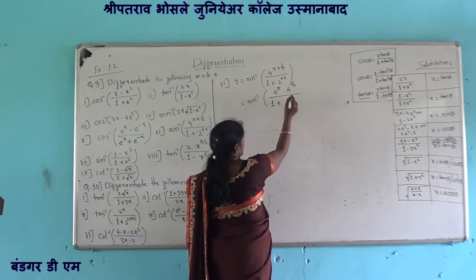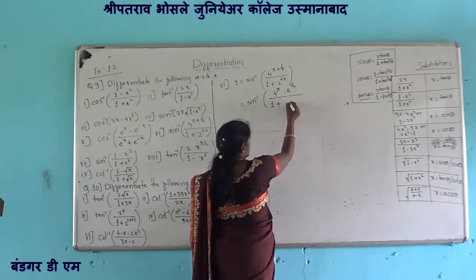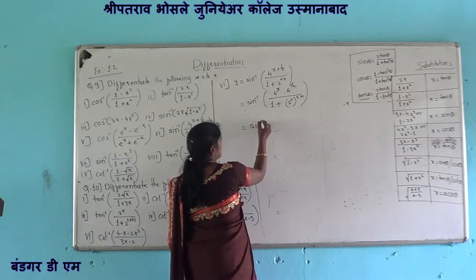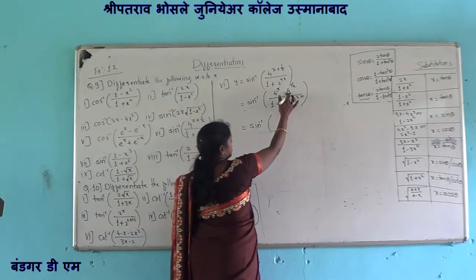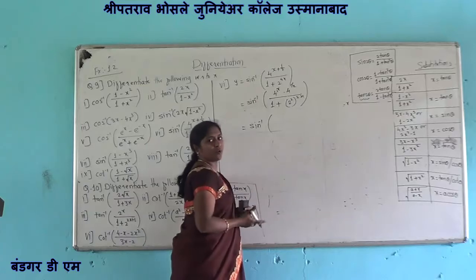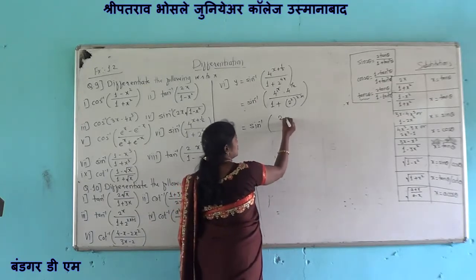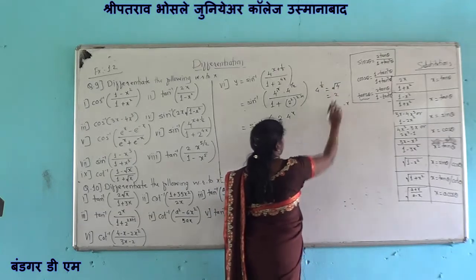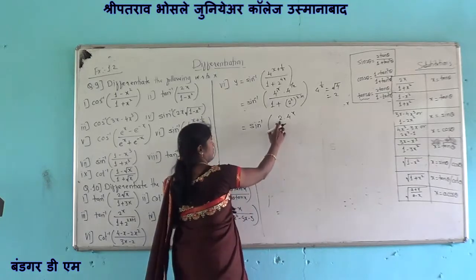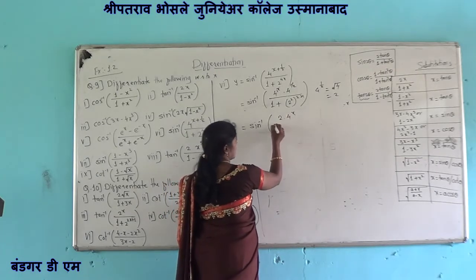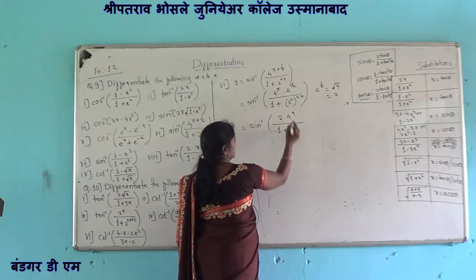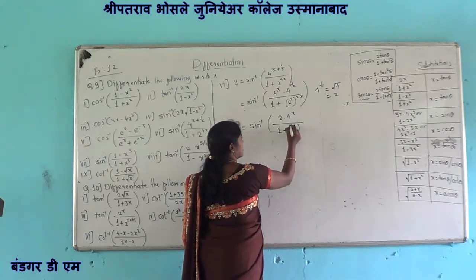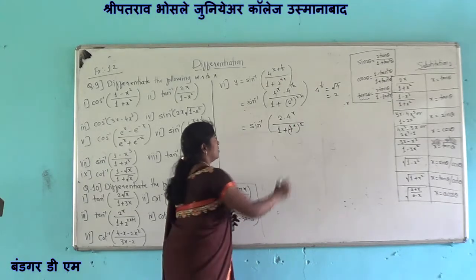In the denominator, 1 plus 2 raised to 4x, we may write it as 2 square raised to 2x. So y is equal to sin inverse of 4 raised to 1 half, which means root 4, and root 4 means 2. So here we get 2 into 4 raised to x upon 1 plus 2 square is 4, raised to 2x. We may write it as 4 raised to x whole square.